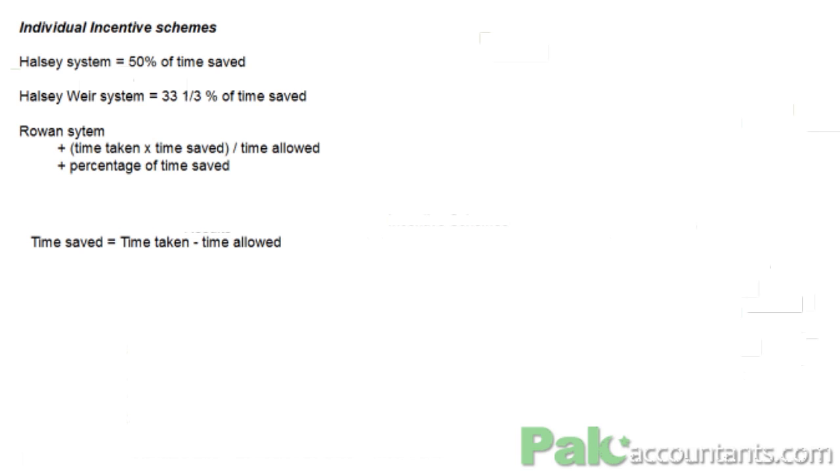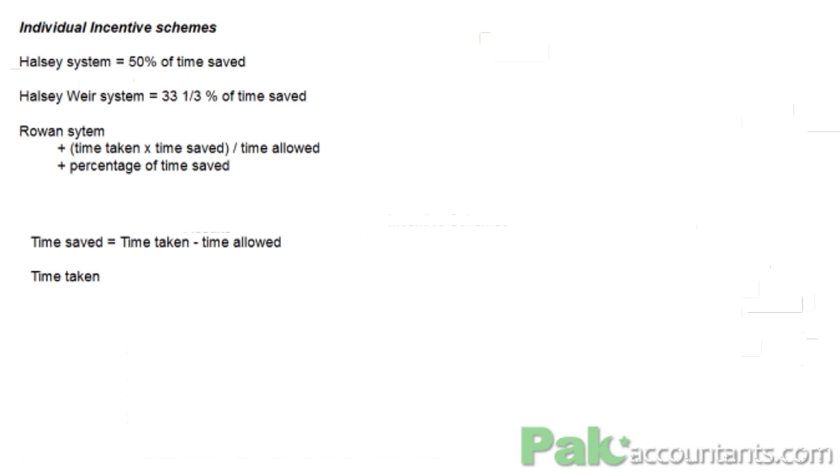And how do you calculate time taken and time allowed? Most of the time in the question you will be given straightforward how much time has been taken, or you can calculate it on the basis of the number of units that you have produced.